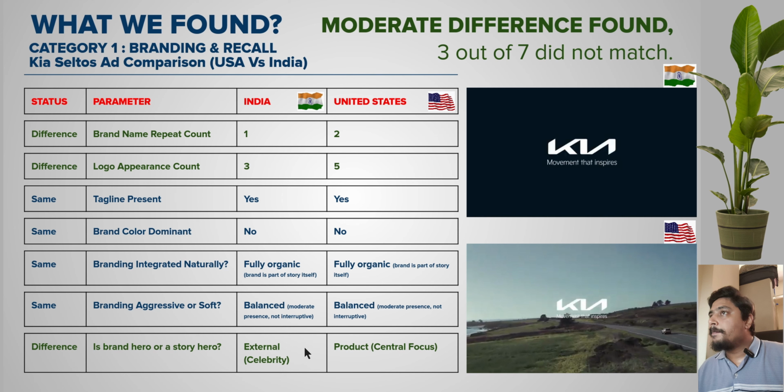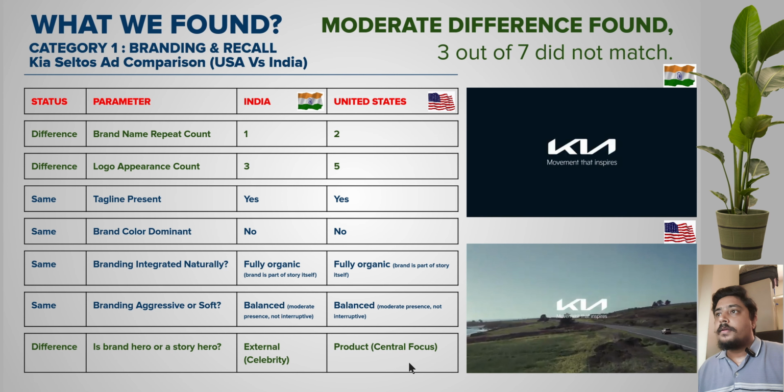But in the American ad, the product is the only thing that has focus on the screen. The product is the only thing shown in the video, so the product was the central focus in the American scenario.